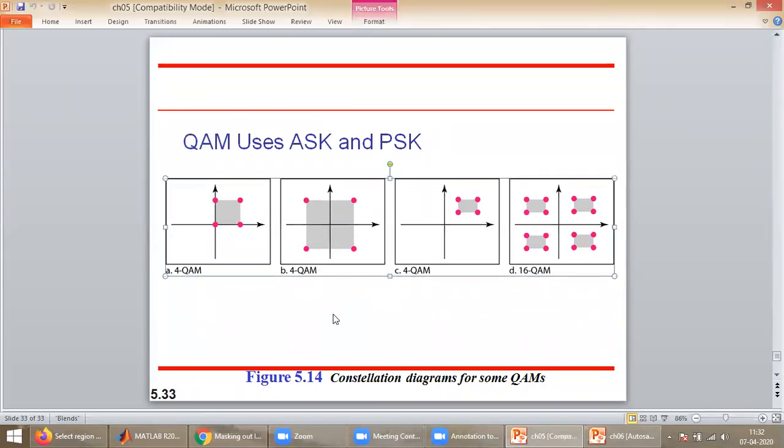Consider the second one. We consider 4 signal elements to represent digital bits. The first is 45 degrees with amplitude 10.